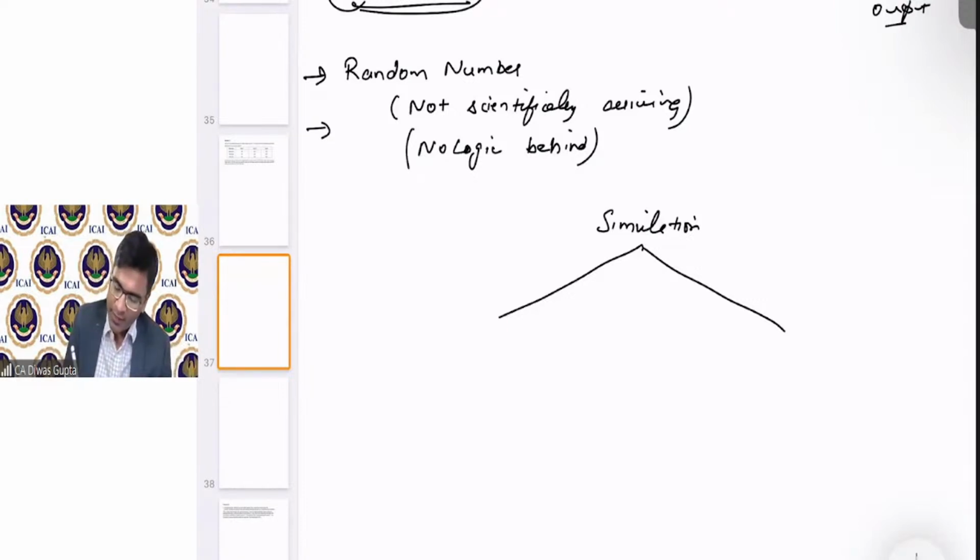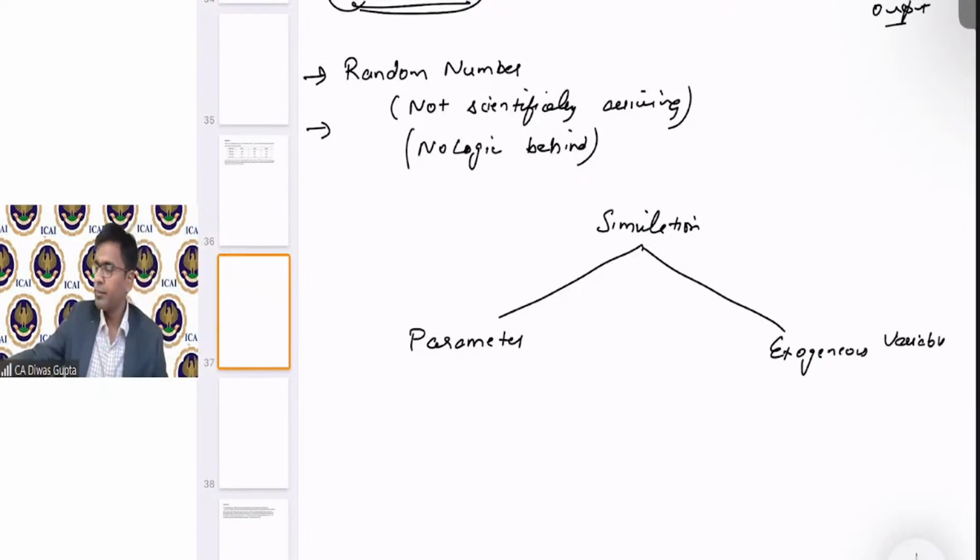So one is parameter. The second one is exogenous variable. Please understand this, students.